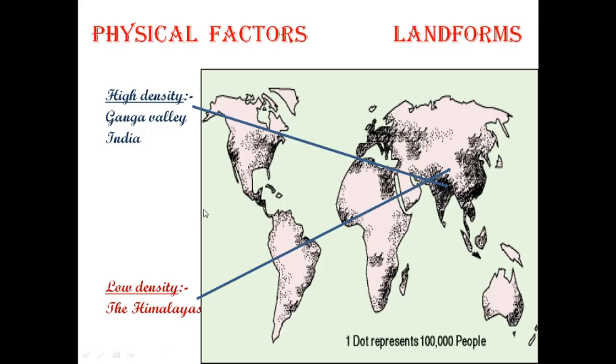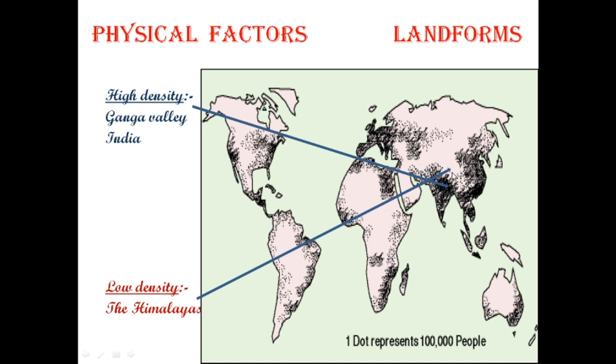Now let's see these areas on the world map. High density population area, this is the Ganga Valley in India. See, this area is densely populated. We know that the Ganga plains are here, and the low density area is the Himalayas here.